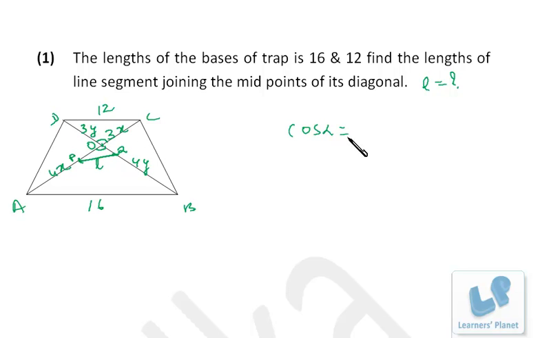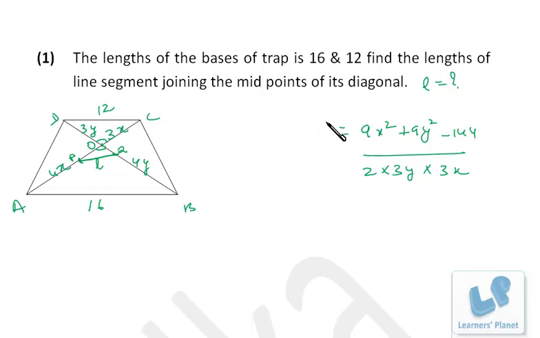See, cos alpha is equal to this square, that's 9x square, plus this square, that's 9y square, minus this, that's 144, by 2 times this into this, 2 times 3y into 3x, right? And this is also alpha. So again I'm taking cos alpha for this triangle OPQ. I deleted cos alpha because the cos alpha will be the same.